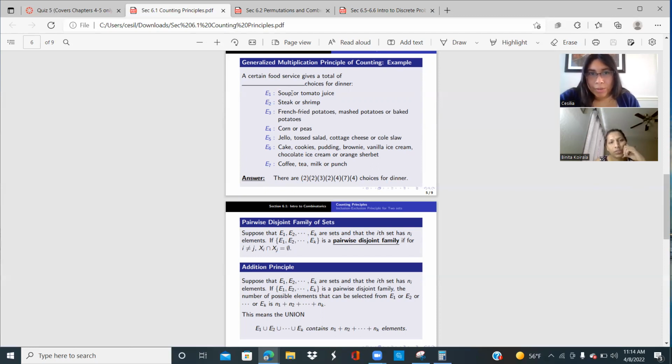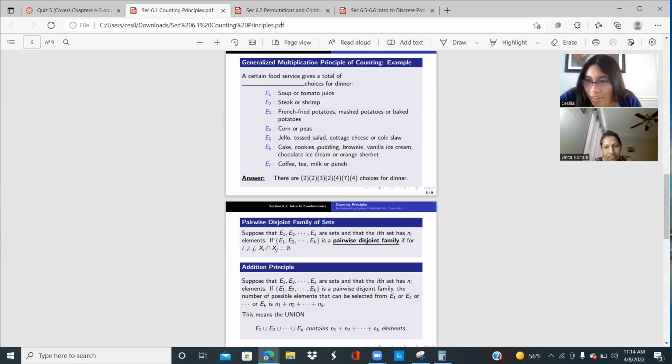For E1, there's soup and tomato juice, which is 2. So basically you count the items in each E set and then multiply them all together, and it's going to give you a big number.